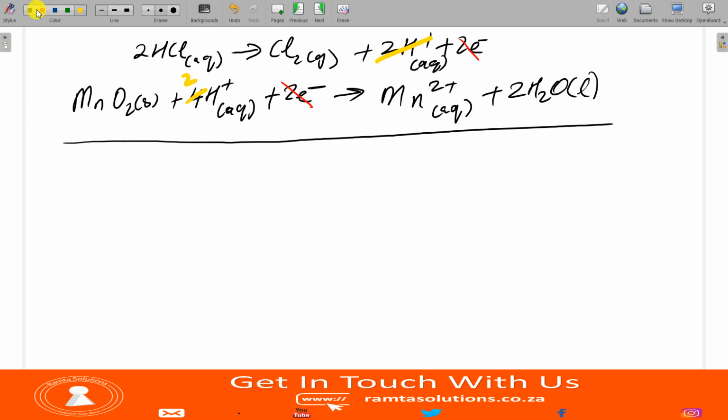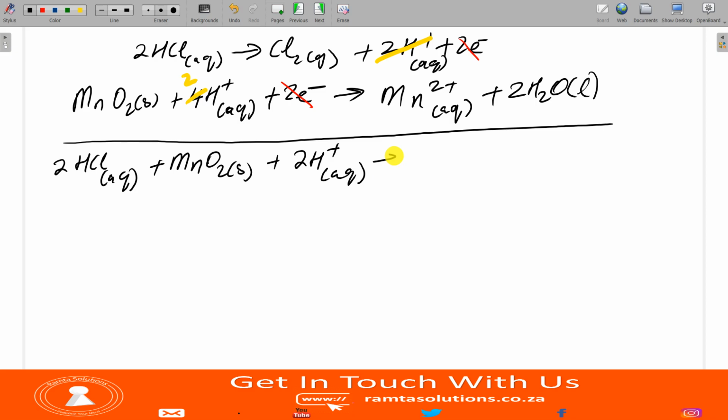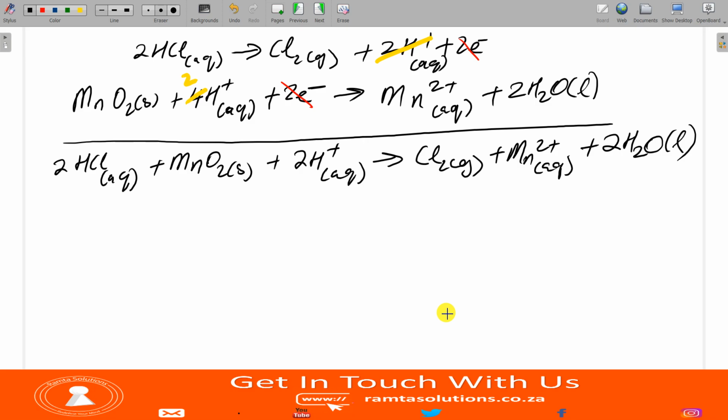Now this means that overall what you have is 2 hydrochloric acid aqueous phase plus MnO2 solid phase plus 2 H+ ions aqueous, giving us Cl2 gaseous phase plus Mn2+ aqueous plus 2H2O liquid.